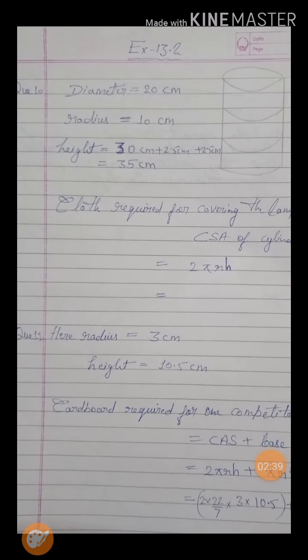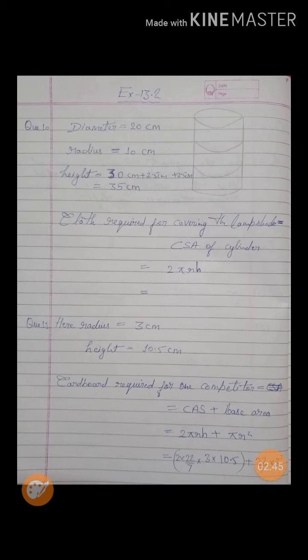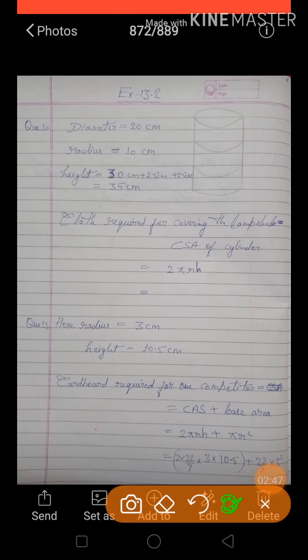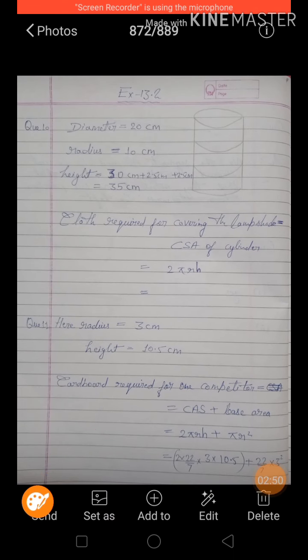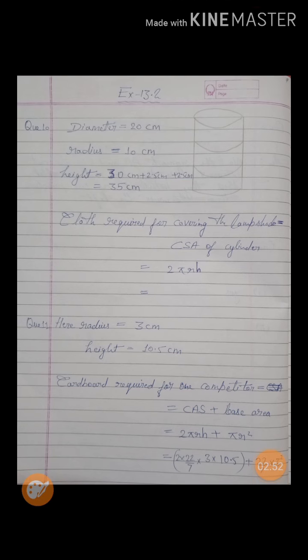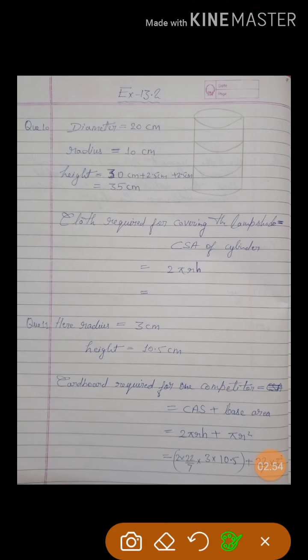Now, cloth required for covering the lampshade. How much cloth will be required for covering the lampshade? It will be equal to the curved surface area of the lampshade. Means we shall cover the lampshade at which place?